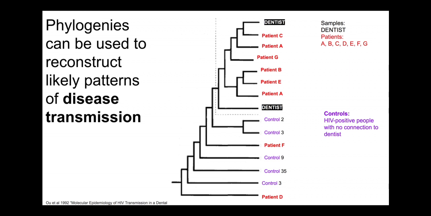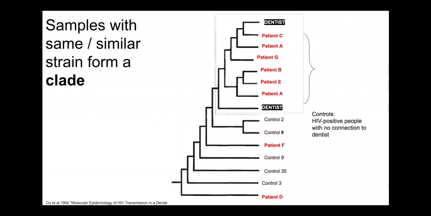Then also a number of controls were sequenced. These are other patients that had no contact with the dentist, but also were HIV positive. Viral genomes were sequenced from each one of those, and then the sequences compared between the patients of the dentist and the control groups.